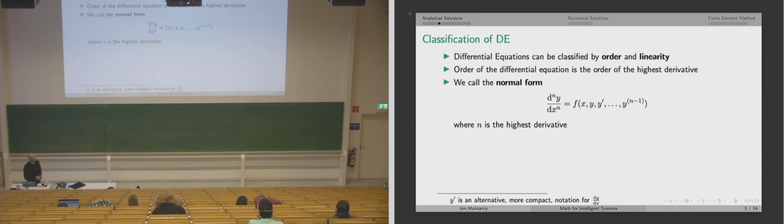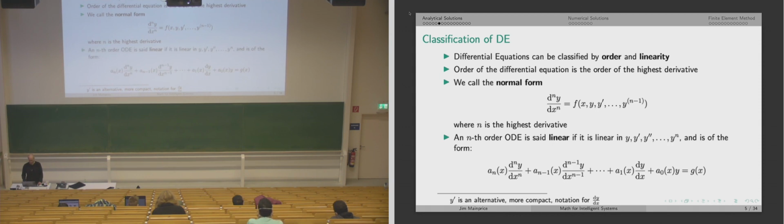We'll talk about linearity again, but the normal form, the way to write down a differential equation such that the order appears, is to have the highest order derivative of the dependent variable on the left side, and then a function of the independent variable and all the dependent derivatives up to the last order. It's called the normal form of writing down the differential equation.